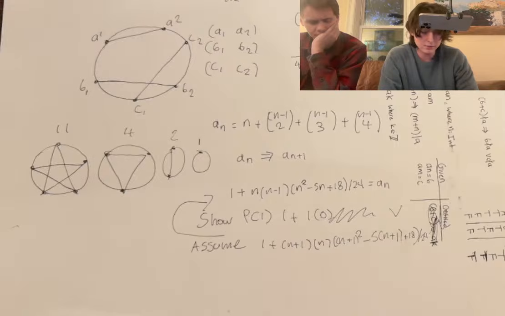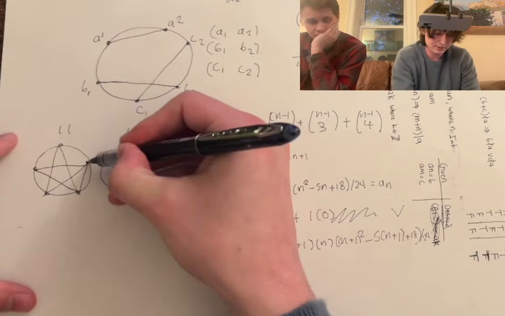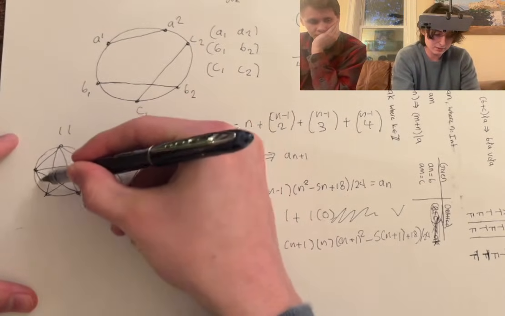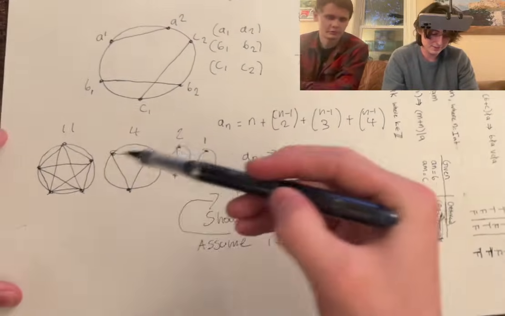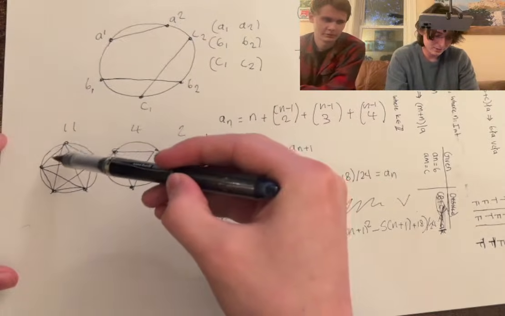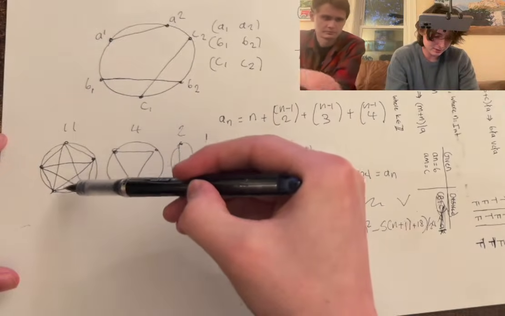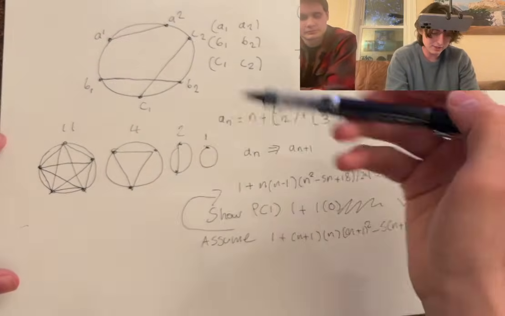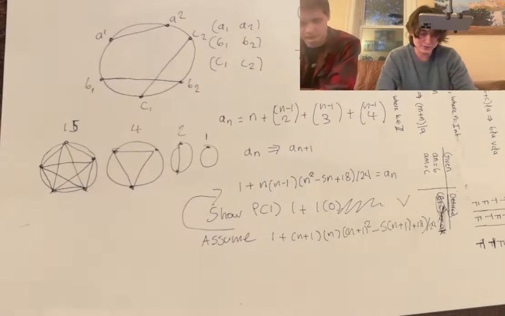Oh, wait. Someone said connect the adjacent pairs. I guess that's mandatory. Looks even more evil now. 1, 2, 3, 4, 5, 6, 7, 8, 9, 10, 11, 12, 13, 14, 15. All right, that's less bad than 11, right?